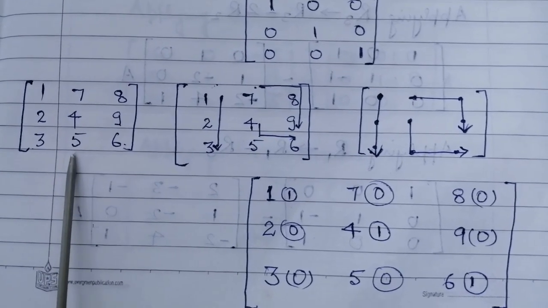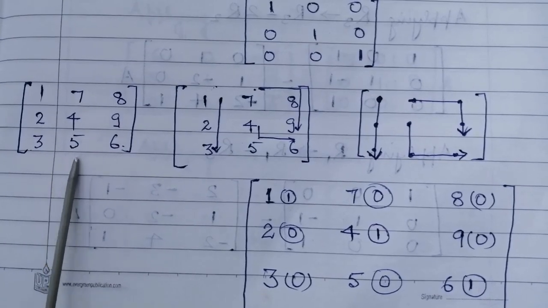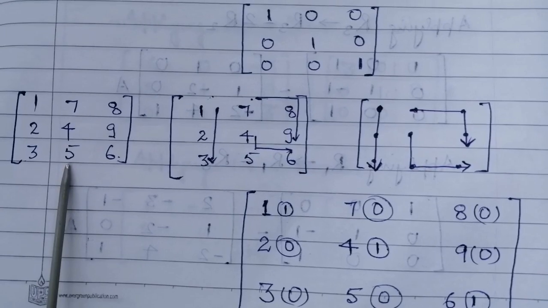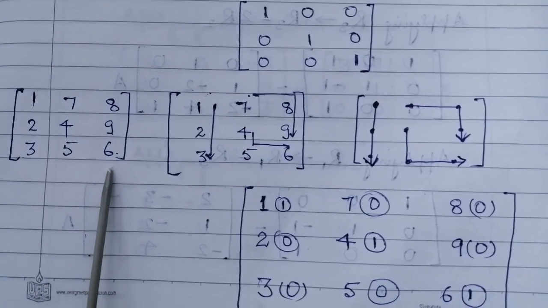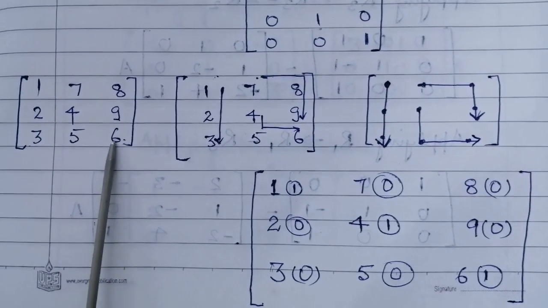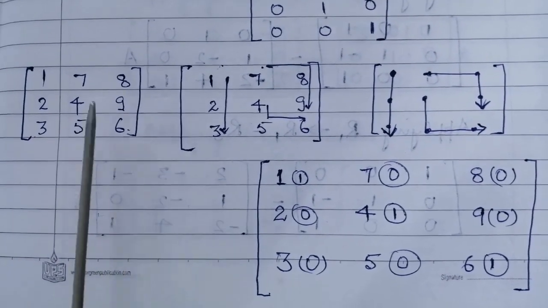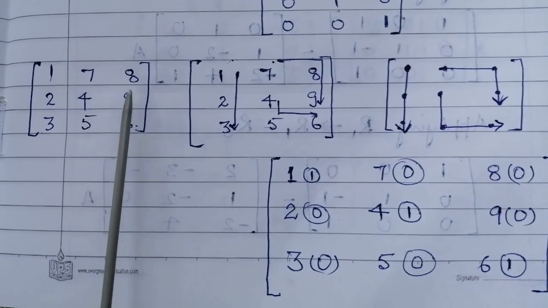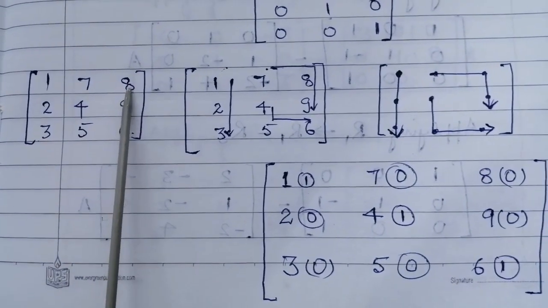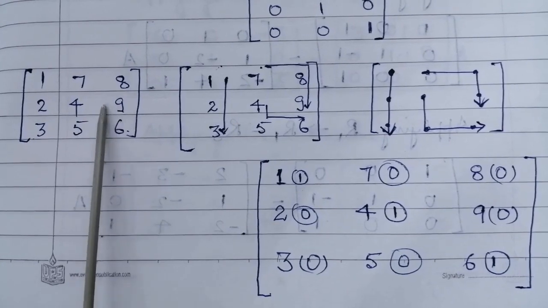After that come to this 5, where we should have 0, so applying operations we will make this 0. Then at 6 we should have 1, so we'll make this element 1 applying various operations. After that we go to 7, 8 and 9. So at 7 we should have 0, at 8 also 0, and here at 9 we should have 1.